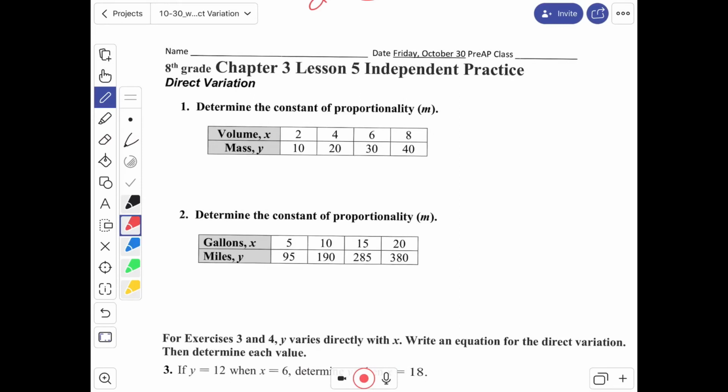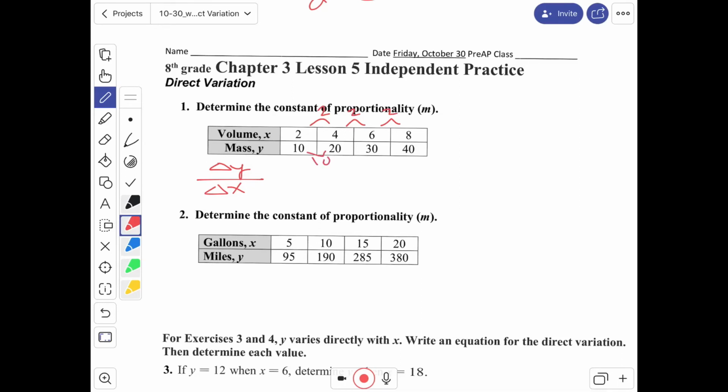So finding the constant of proportionality, or the constant variation, or the slope is all the same as finding the constant rate. And to do that, we always find the change of y over the change of x. And you can do it like that. Like, what's the difference between 4 and 2? We're adding 2 every time.